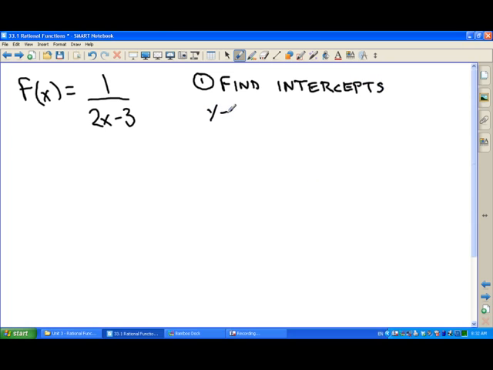So first we'll find the y-intercept, and we get a y-intercept whenever the x value is 0. Find the y-intercept by evaluating this function at 0. So we can find f of 0.